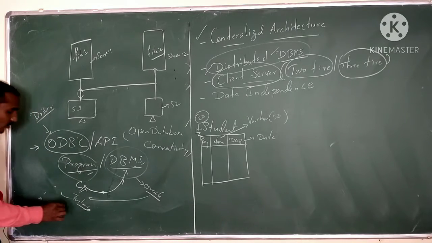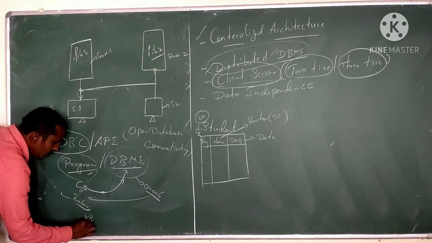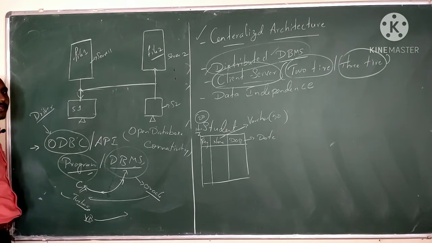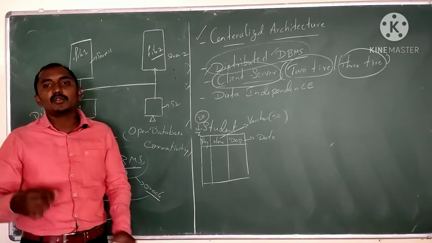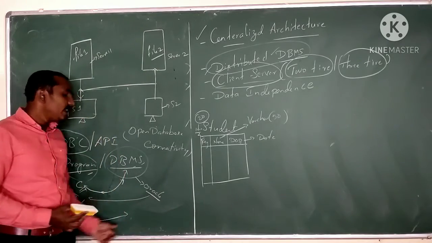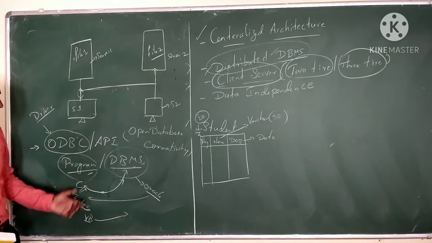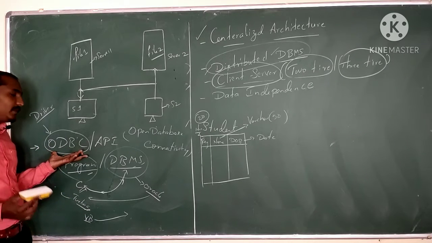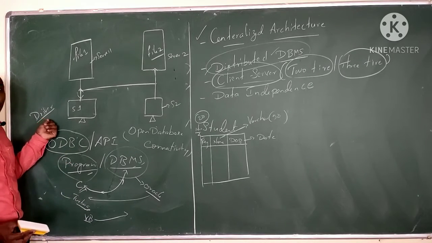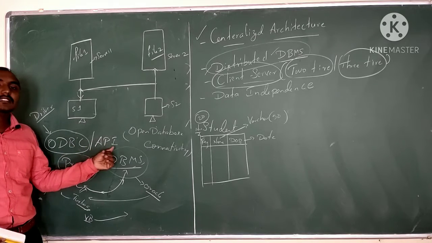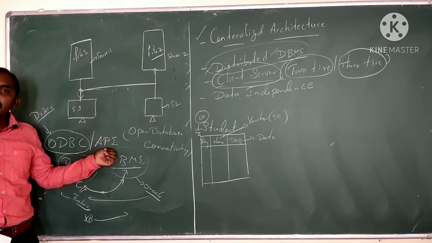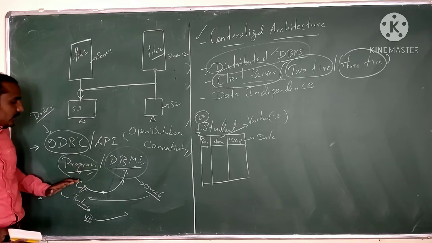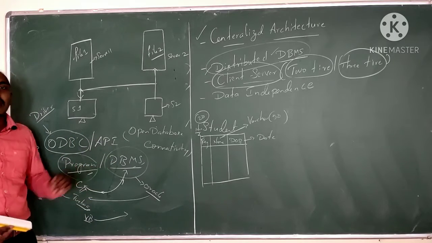But usually you will be learning something like Visual Basic, and you will be connecting that Visual Basic programming language by which you will be accessing the database management system. Okay, that is DBMS. So ODBC is nothing but a driver, or it is also considered an API, an application program interface, that will help us to connect one language with another language.